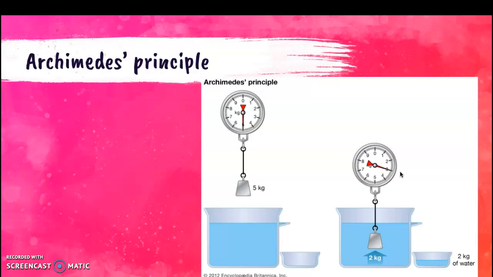We're talking about mass and force because the buoyant force is not 2 kilograms here. The buoyant force is a force, not a mass, so it's mass times the acceleration of gravity. But we'll get there. The buoyant force equals the force of gravity on the displaced fluid, which is the mass of the fluid times gravity, 9.81 meters per second squared.